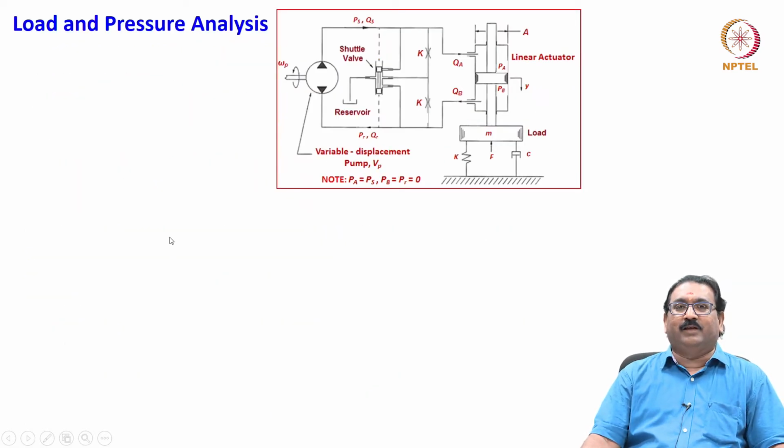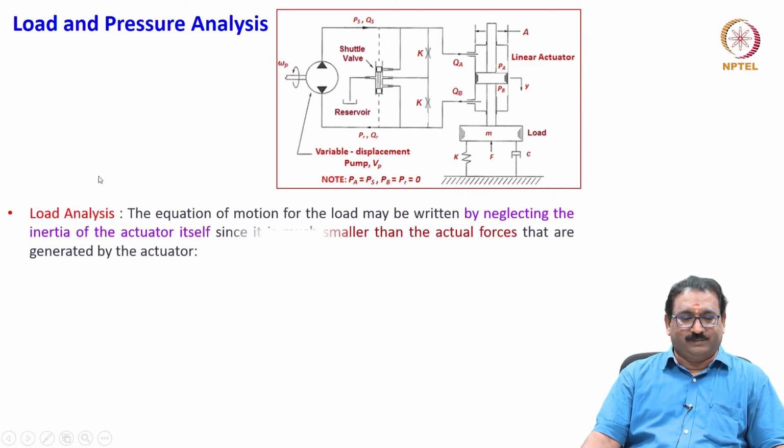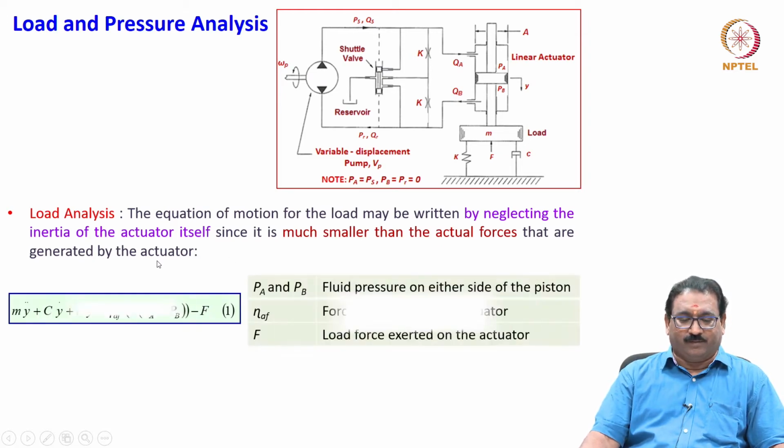Now, let us see the load and pressure analysis. The equation of motion for the load may be written by neglecting the inertia of the actuator itself, since it is much smaller than the actual forces that are generated by the actuator.